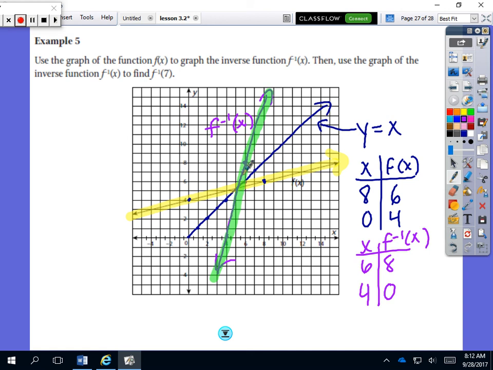Well, it looks like it's not exactly a number, so it's somewhere around 5.5-ish. If my graph was exactly correct, it would probably be 5.5.